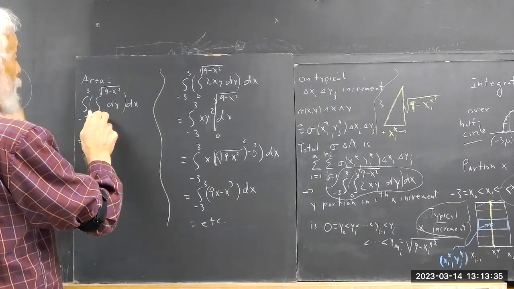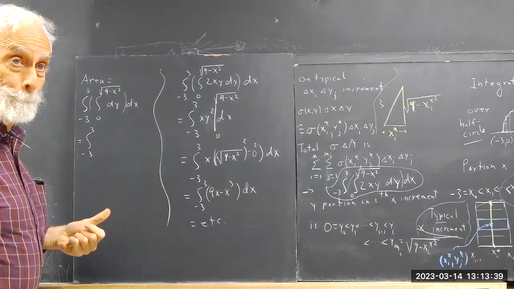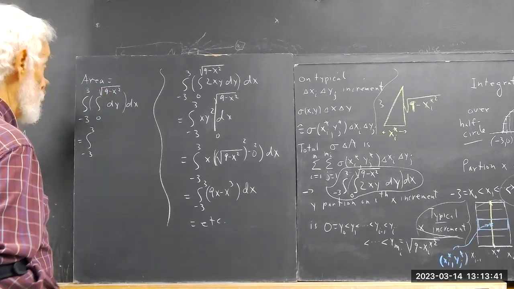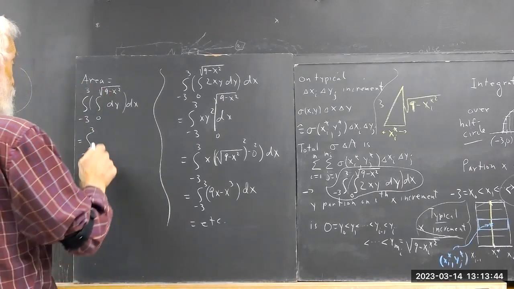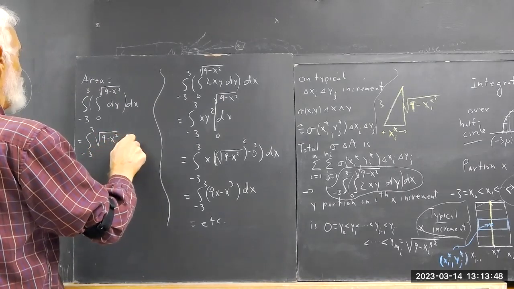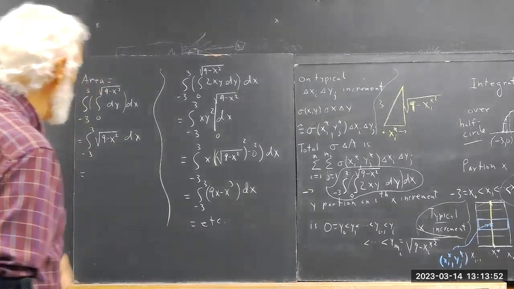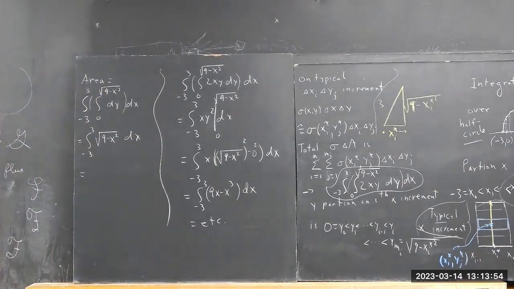Well, the antiderivative of dy is just y. It's the antiderivative of 1 dy if you wish. And that's going to give you the square root of 9 minus x squared. Now, how do we integrate square root of 9 minus x squared dx?